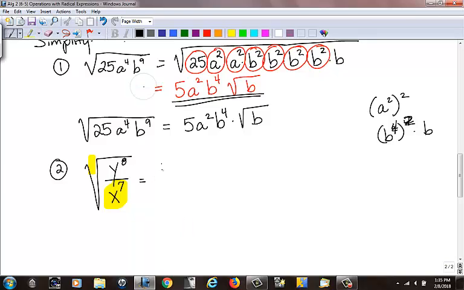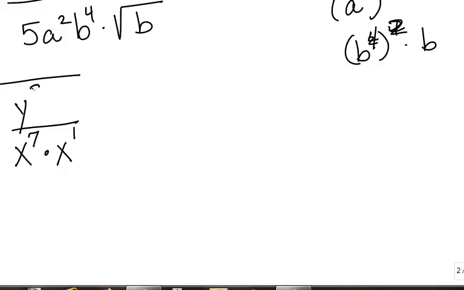So I'm going to rewrite this as an x to the 7th times an x to the 1st. That would give me an x to the 8th in the bottom. But if I multiply the denominator by x, I got to multiply the numerator by x. Because what's x divided by x?